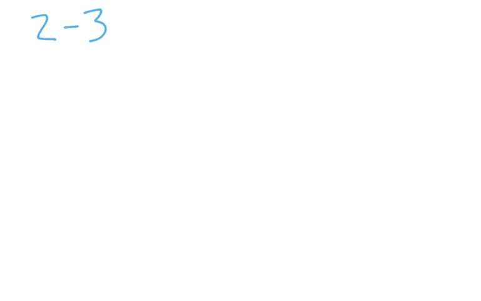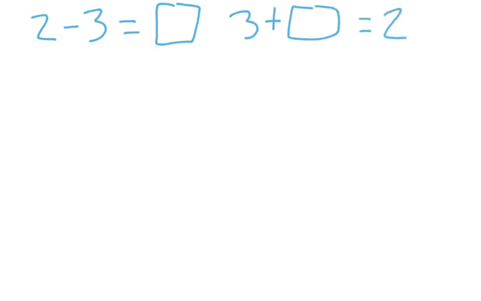But if we look at the missing addend approach and we look at a number line, we'll be able to figure this out. 2 minus 3 is equal to what? In other words, what do you add to the subtrahend to get the minuend? What do you have to add to the second number to get the first number?